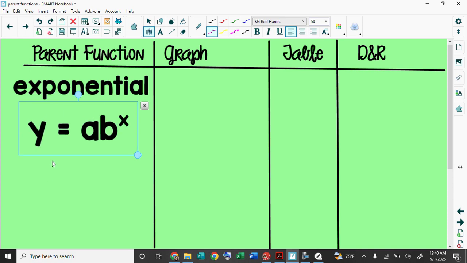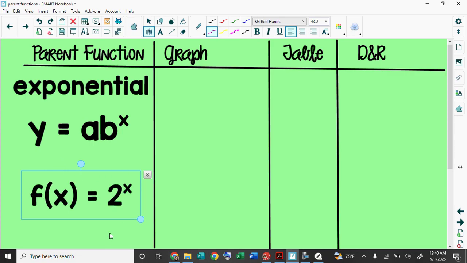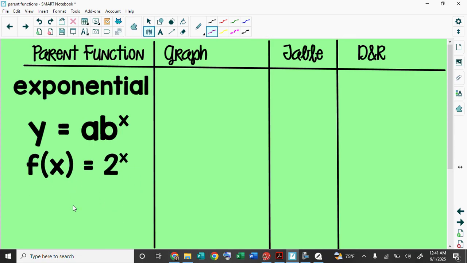Now, we have letters here because x is my exponent. What we're going to use to look at this is f of x equals 2 to the x power. That's what we're going to use.